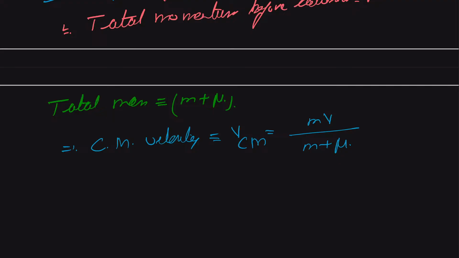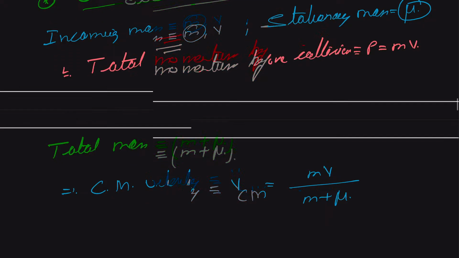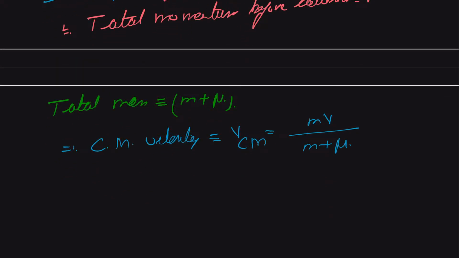One particle is having a mass of m, and that is the incoming mass, and we have stationary mass, which mass is mu. Okay. And now from here we are going to calculate the velocity in the center of mass frame before collision.